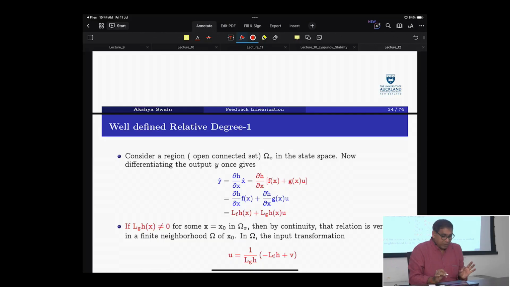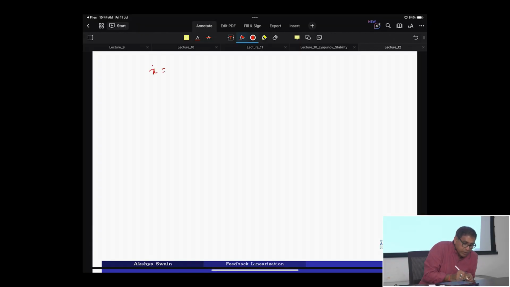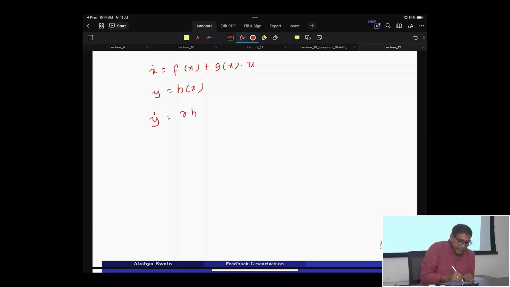This much only understand. Now y dot is equal to del h over del x into x dot, that is equal to del h over del x into f(x) plus g(x) u.